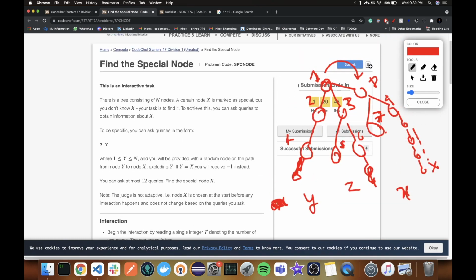Okay, so instead of doing like this, while I was away, I was thinking, let's query a leaf node. Now whatever value I get, right, then no, query this.